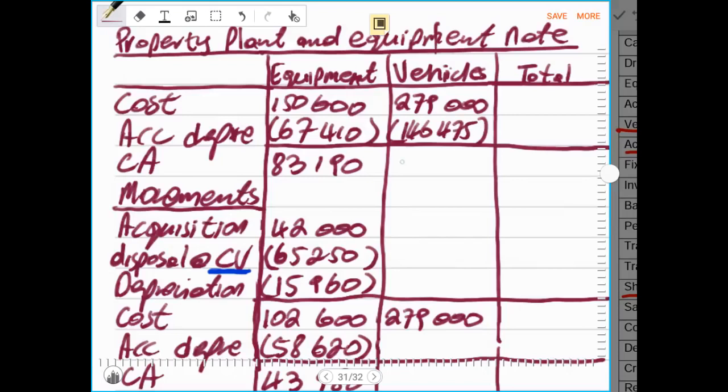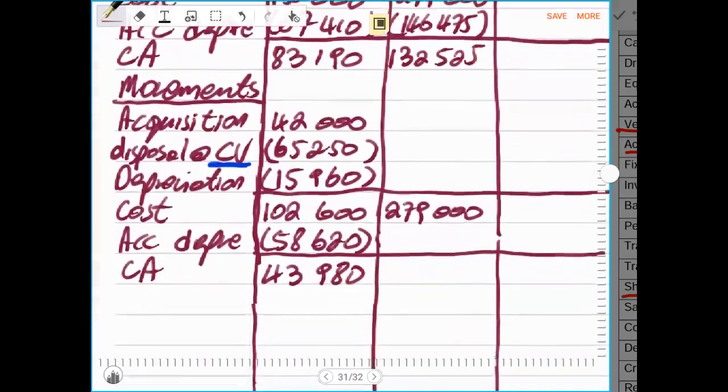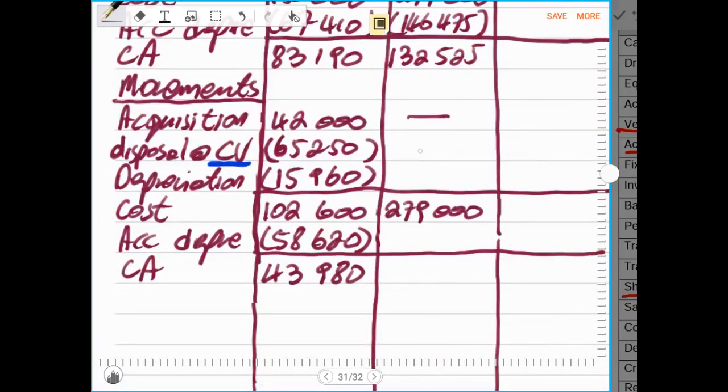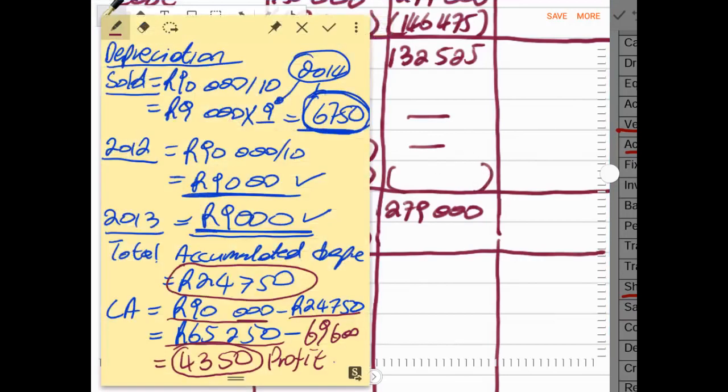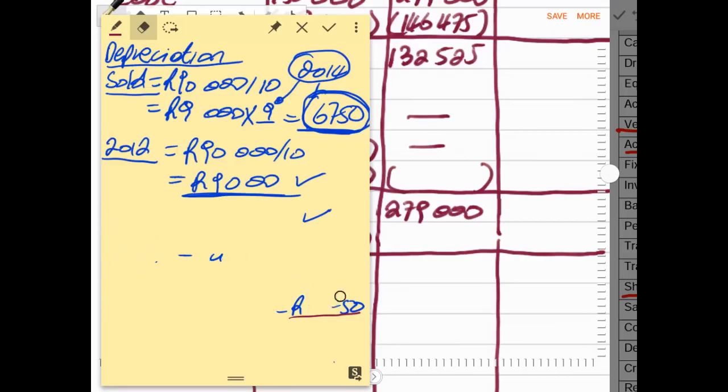Then the carrying amount at the beginning of the year is 132,525. Then we know that there was no purchase, there was no disposal, but we need to account for the depreciation at the end of the year for our vehicles.